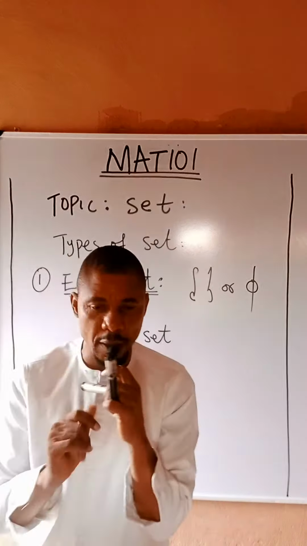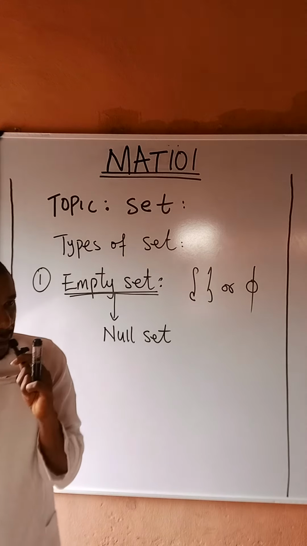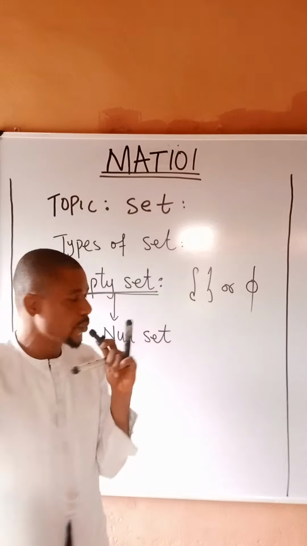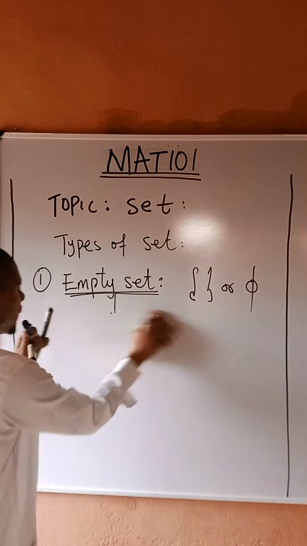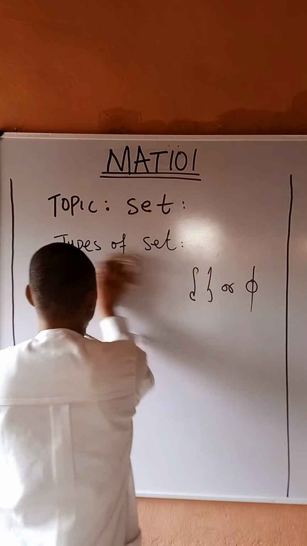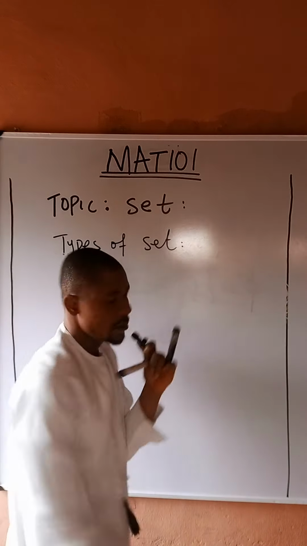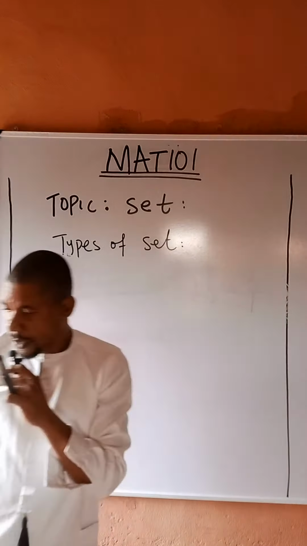And don't forget that. So what are the examples of an empty set? If we are asked what are the examples of empty sets, I would want us to talk about the examples.